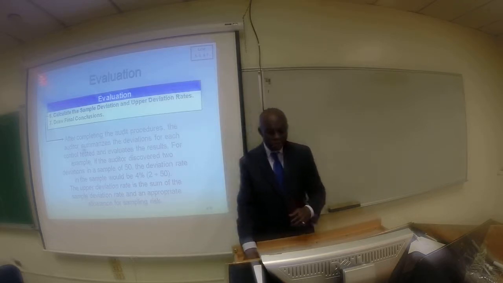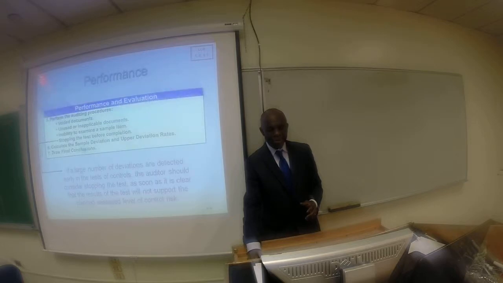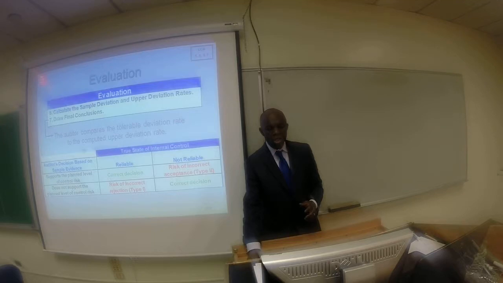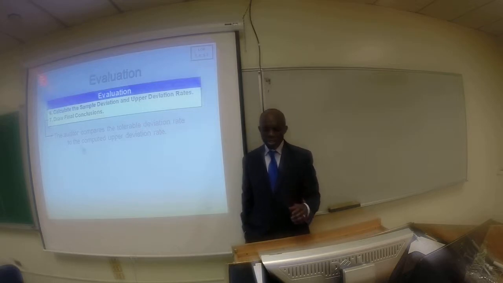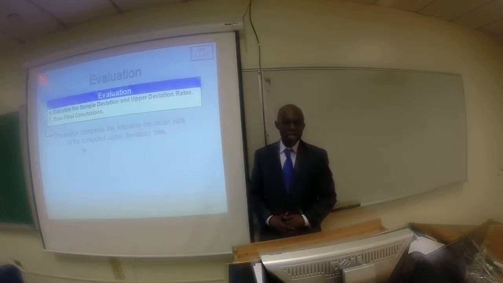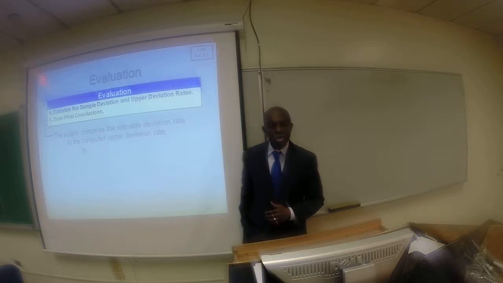Now, in order for the auditor to know how bad the situation could possibly be in terms of deviation, we also compute the upper deviation rate, like I said, which consists of the tolerable deviation rate plus an appropriate allowance for sampling risk. So that is the conclusion of chapter 8, by default chapter 9 as well, in terms of audit sampling.